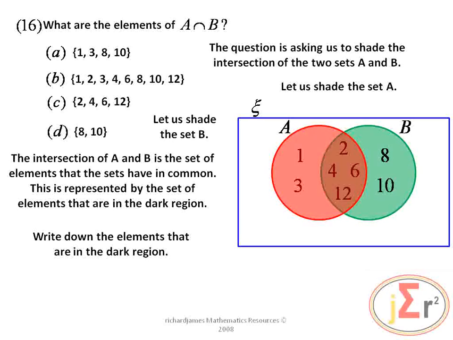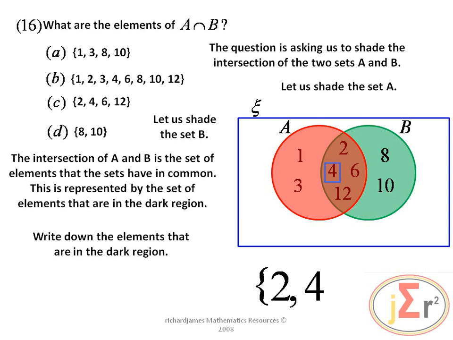So write down the elements that are in the dark region. So let us do that. Preferably in numerical order. Or we may say in computer terms, alphanumerical order. Which means whether they are letters or numbers, they are placed in a particular order that is a convention developed by computer scientists.